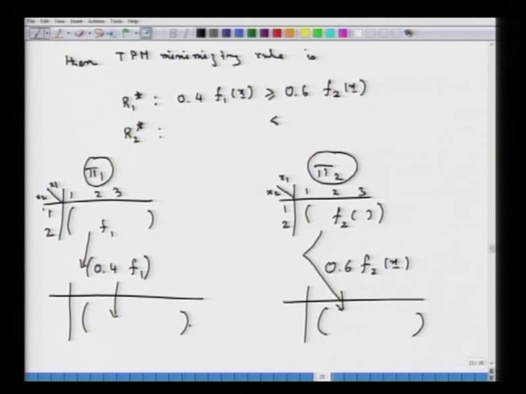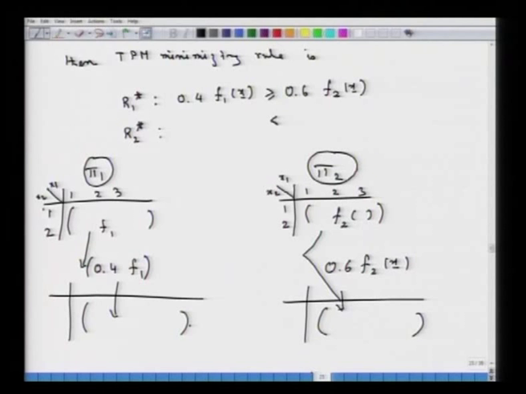If for some pairs this is satisfied, then for those pairs the assignment rule would be pi 1, and for the pairs for which these values are less than these values, that is this region, we will assign to pi 2. So, it is straightforward. This is for a discrete bivariate distribution setup. One can also have similar assignment rules when we consider multivariate distributions, for example multivariate normal distributions. We will see those later.